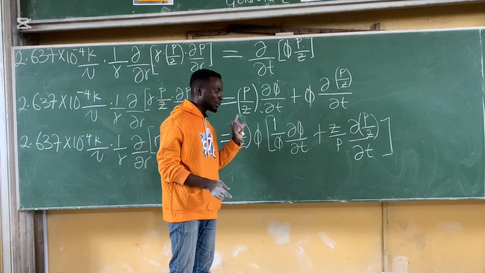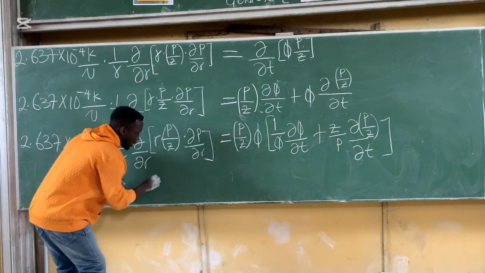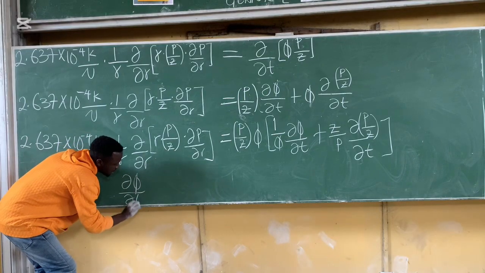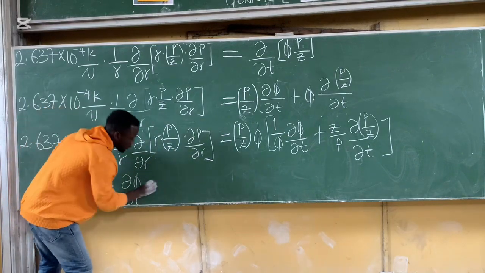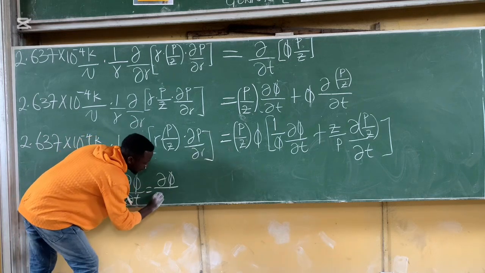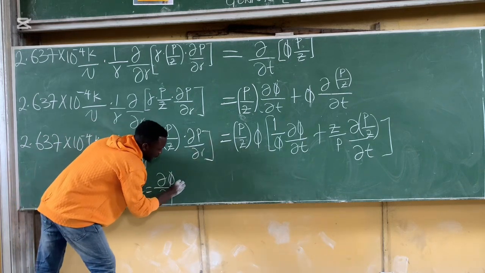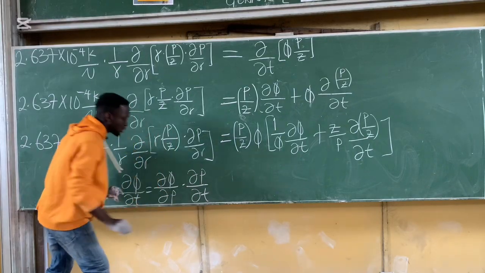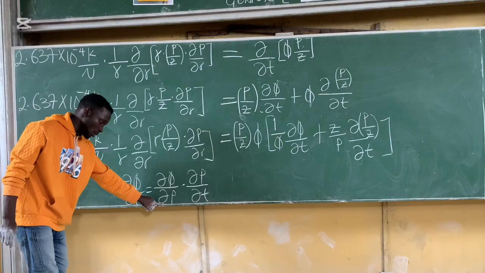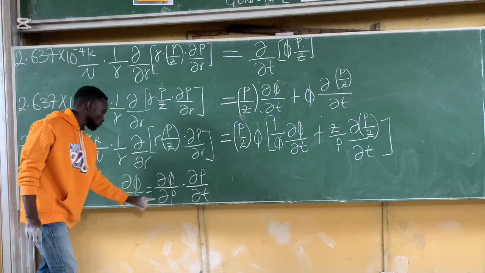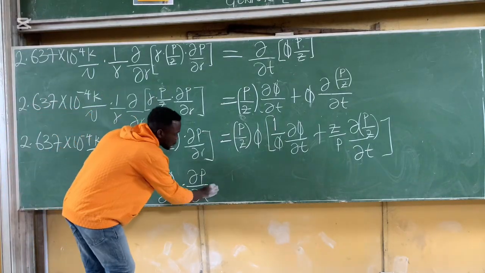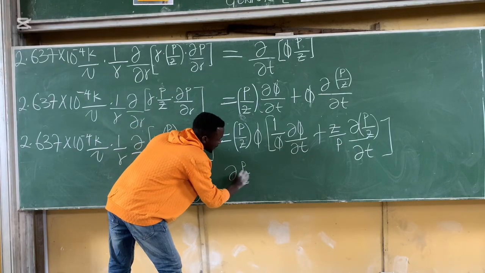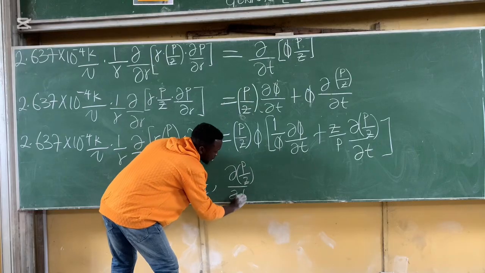To apply chain rule to the right hand side, remember that from chain rule, d phi all over dt is the same thing as d phi dp times dp divided by dt, such that dp cancels out. If they cancel out, we are going to have d phi dt. And also apply chain rule to d of p over z divided by dt.